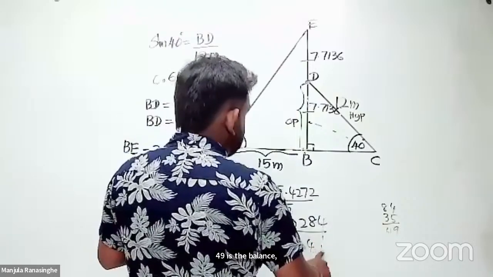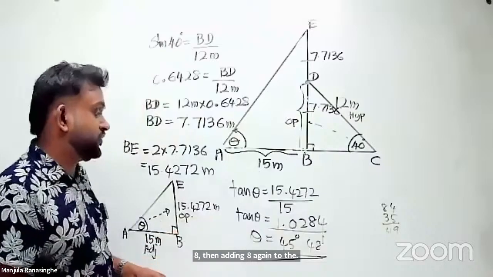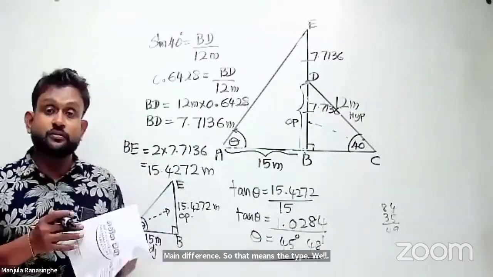Then adding 8 again to the mean difference. So that means theta equals 45 degrees, 48 minutes.